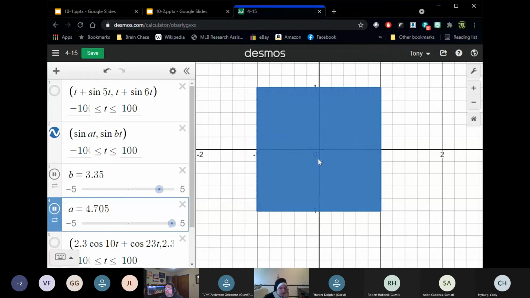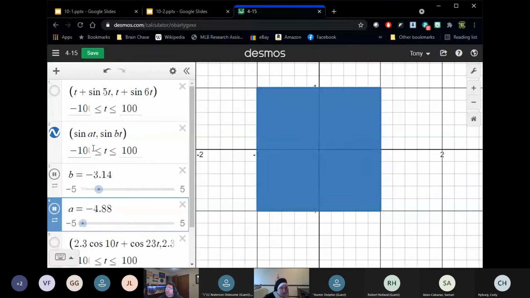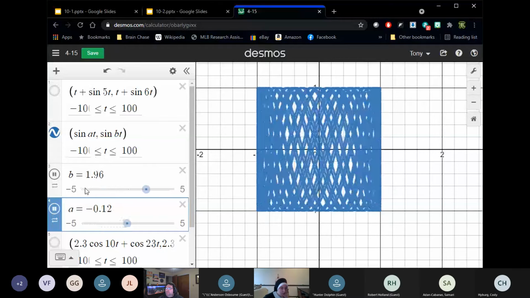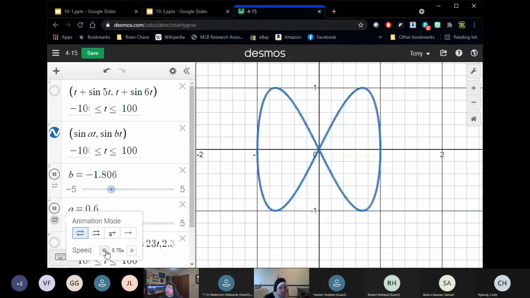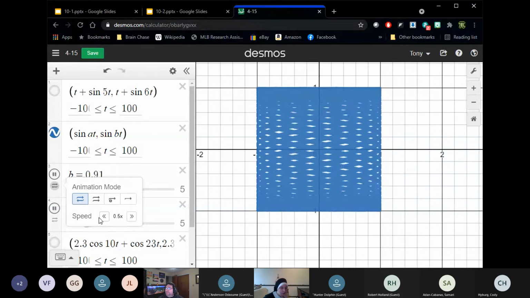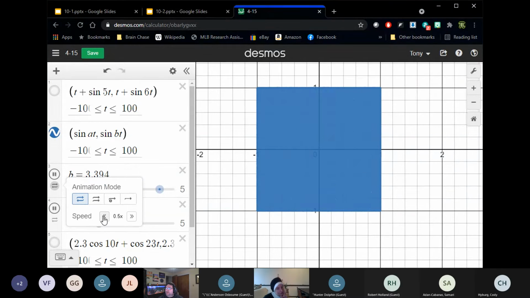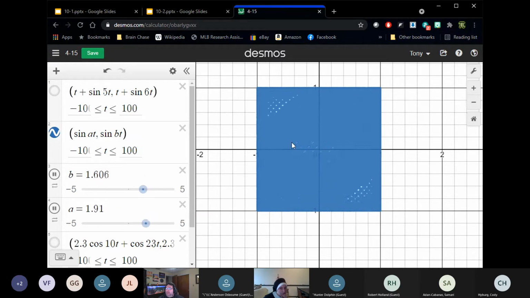So this is the same equation that we just graphed, except what I'm doing is I'm actually varying the x and the y, or the equations that are in there. So you can start to see how it actually changes it.